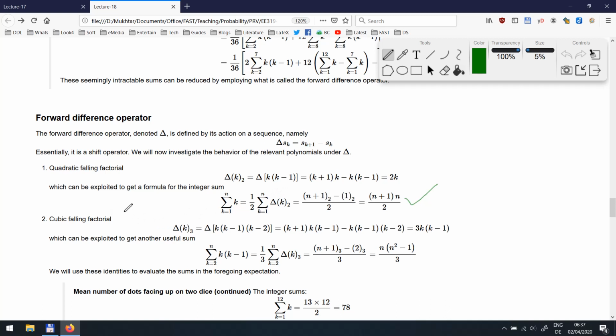If I apply the same delta operator to a cubic falling factorial, which means that instead of two factors, I again start with k, but k times k minus 1 and then k minus 2. So I have three factors. That's why k subscript 3.